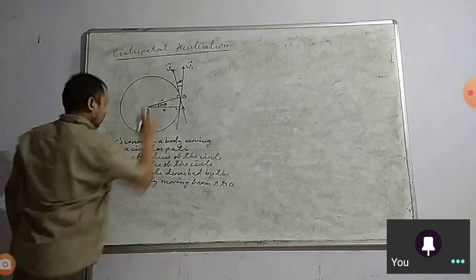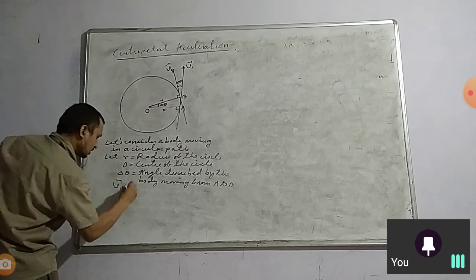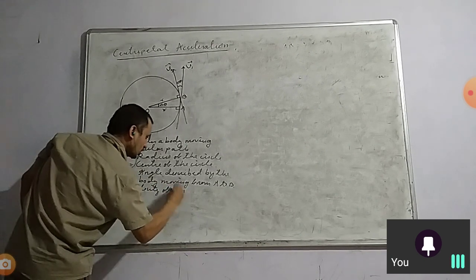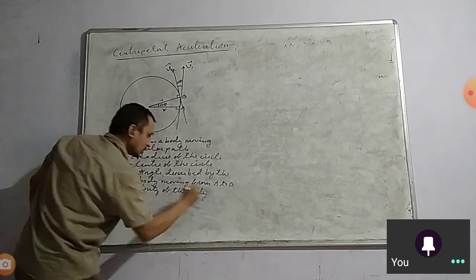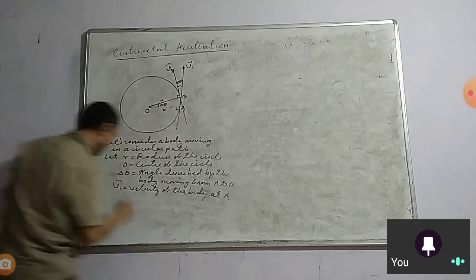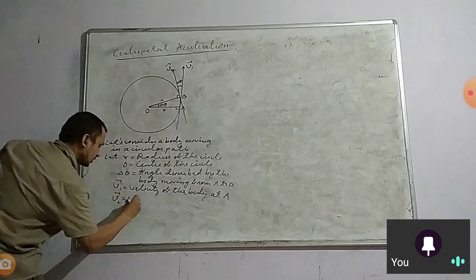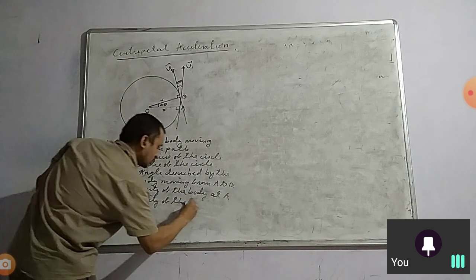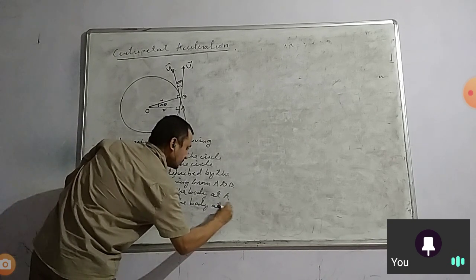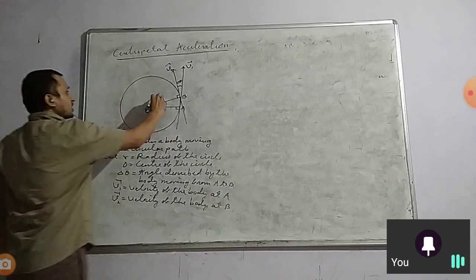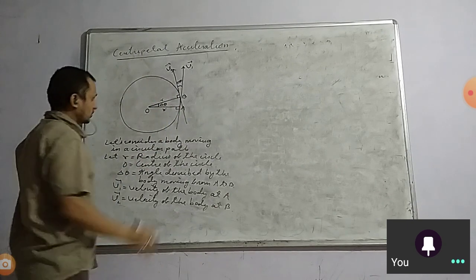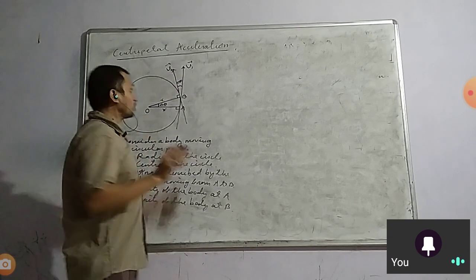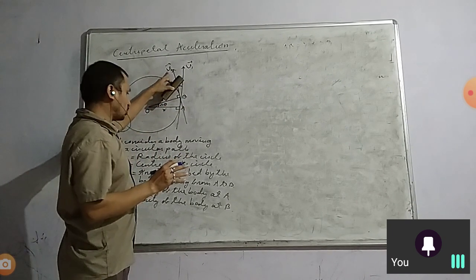Now V1 is the velocity of the body at A, and V2 is the velocity of the body at B. If this angle is delta theta, and the body is moving along this circular path with uniform speed, it means the magnitude of V1 is equal to the magnitude of V2.